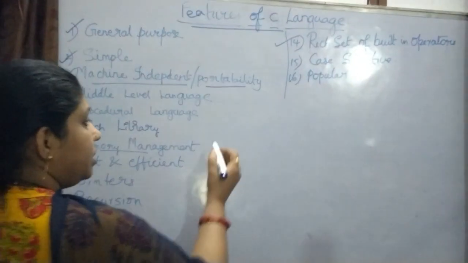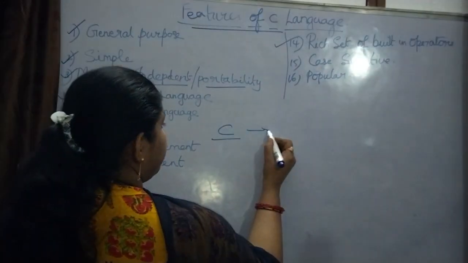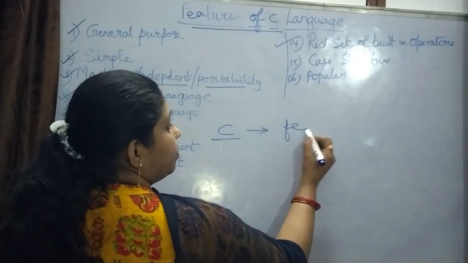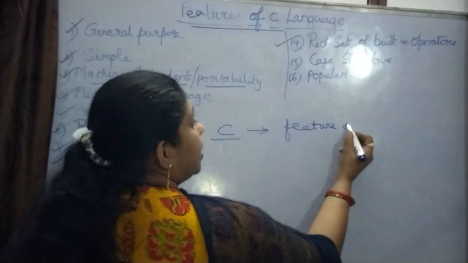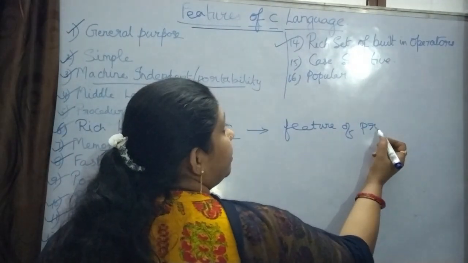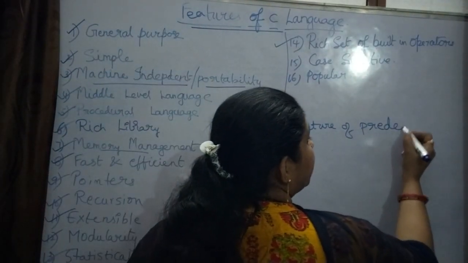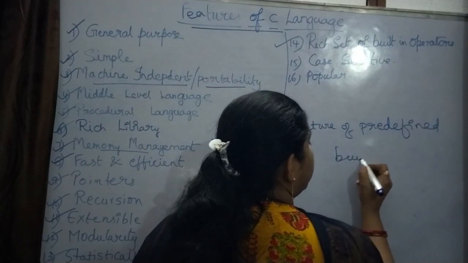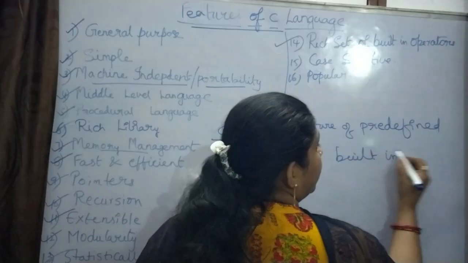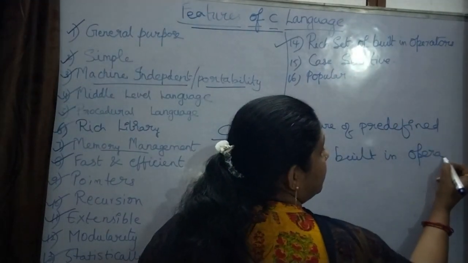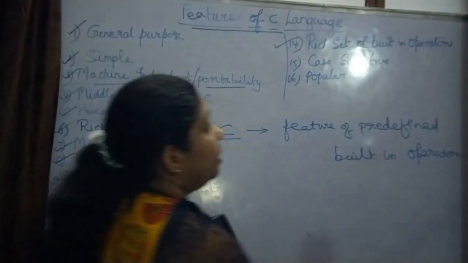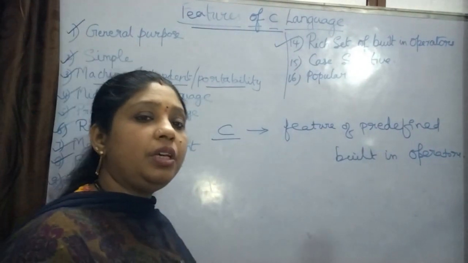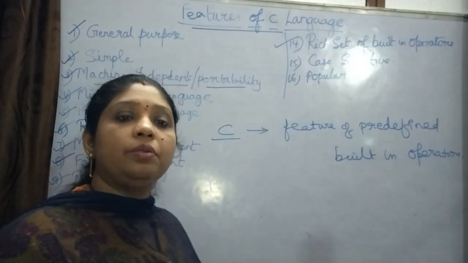That means the C language has the feature of having predefined operators. Predefined operators are nothing but built-in operators. That means there are many operators that you can use in programs.